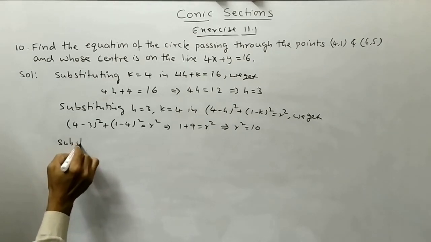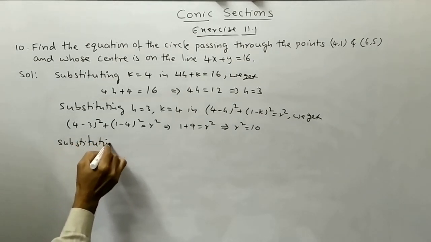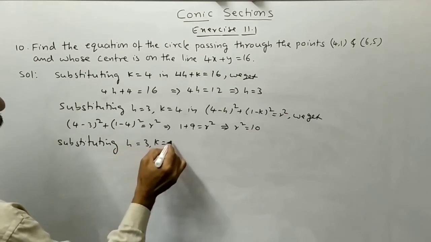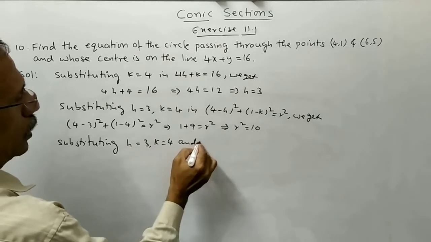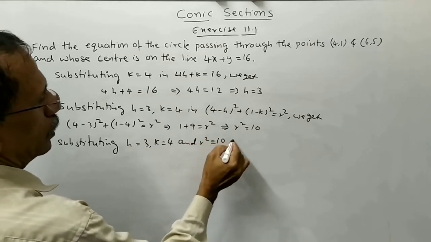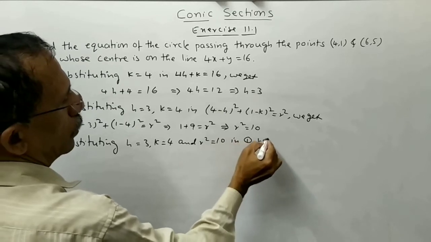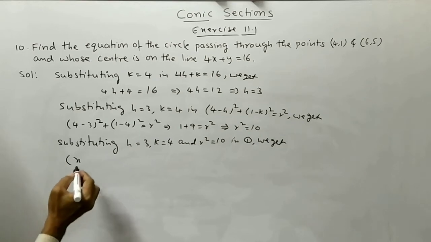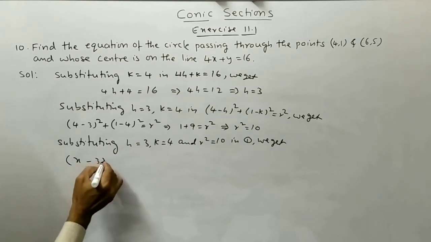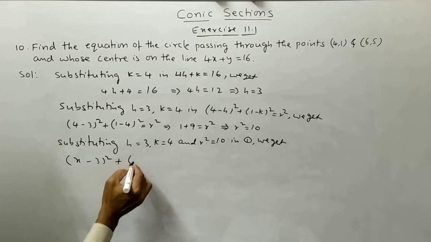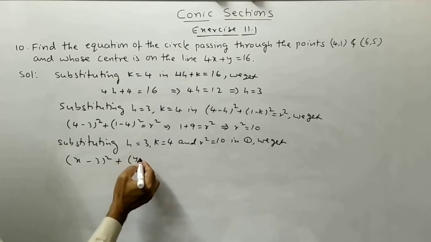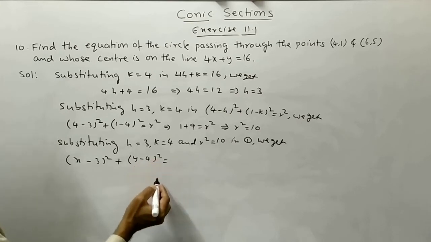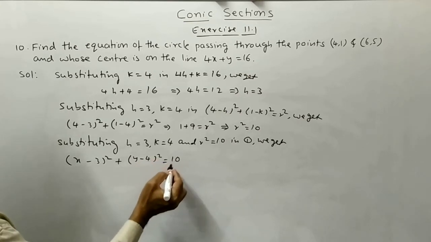Substituting h = 3, k = 4 and r² = 10 in 1 we get (x - 3)² + (y - 4)² = 10.